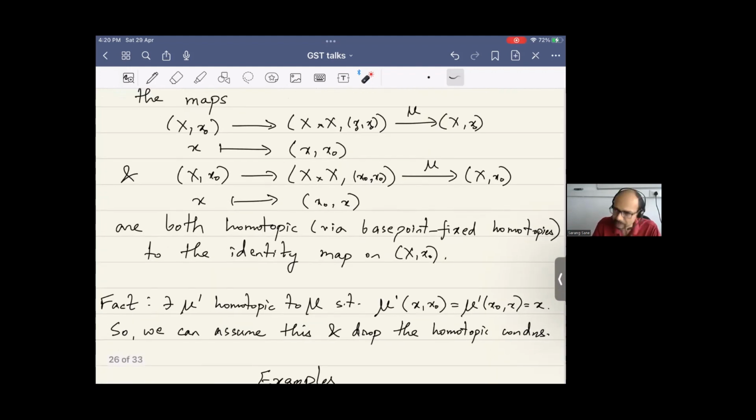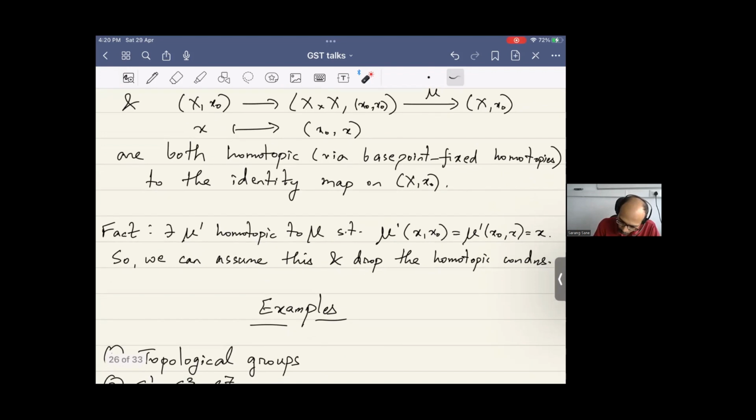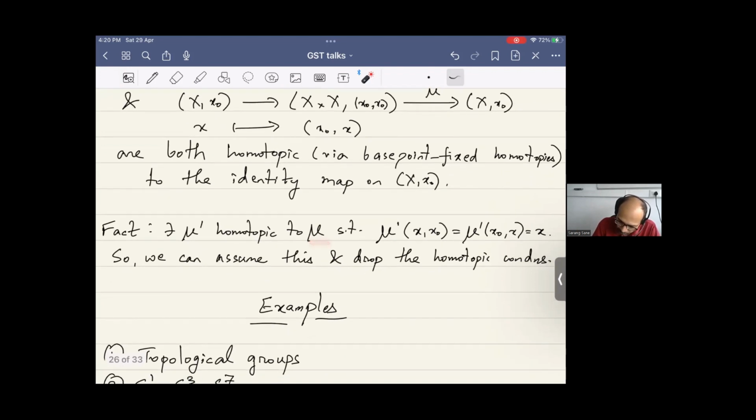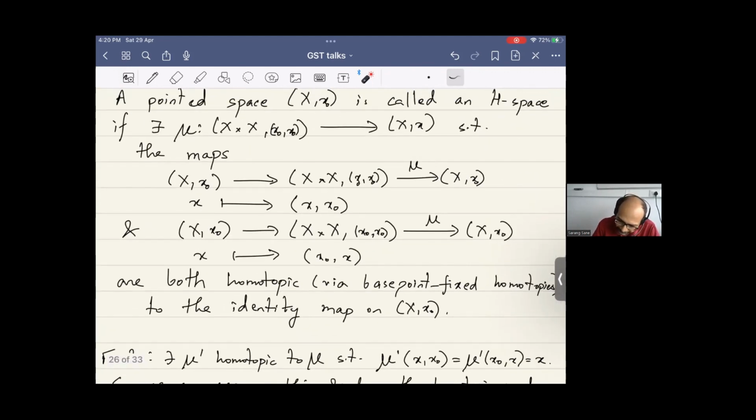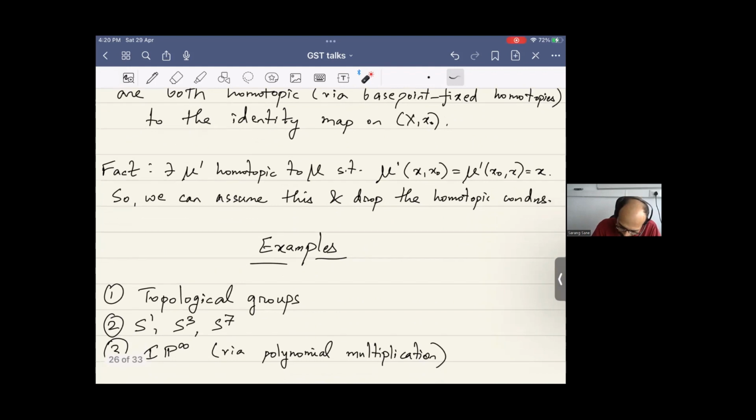Okay, so this is actually like x naught is playing the role of identity. Whenever mu exists, you can show that mu prime exists. So from now on we'll just assume that an H space is this along with the data that mu of x comma x naught is equal to x and mu of x naught comma x is equal to x.